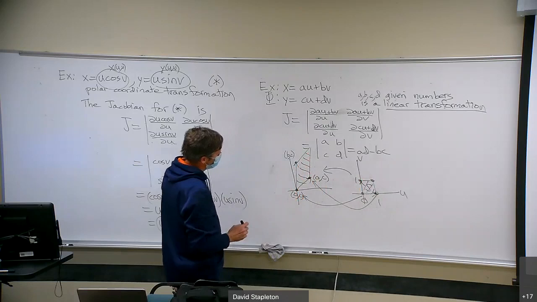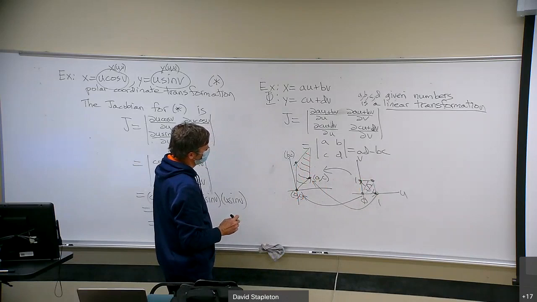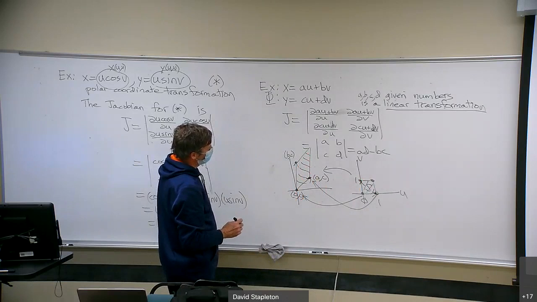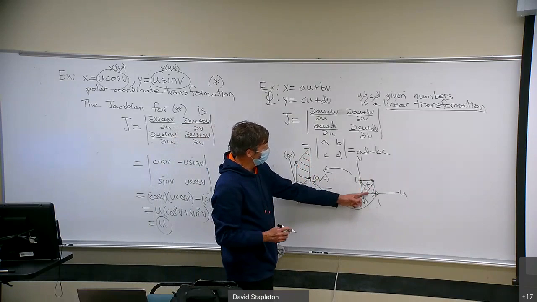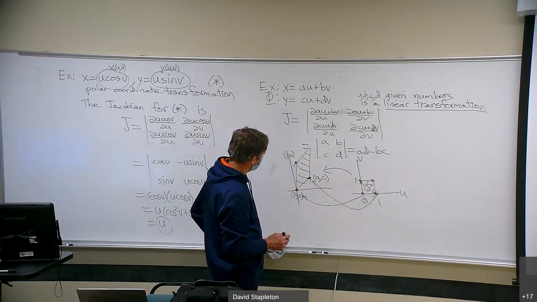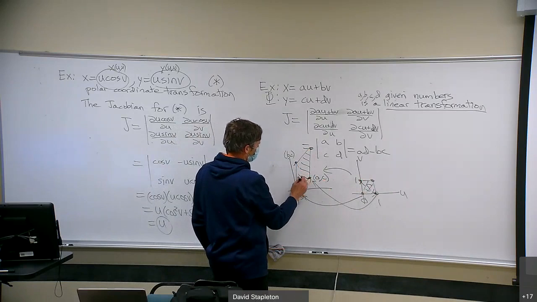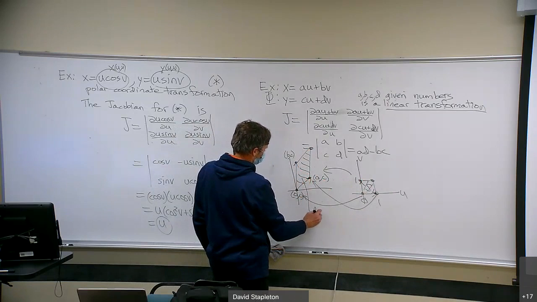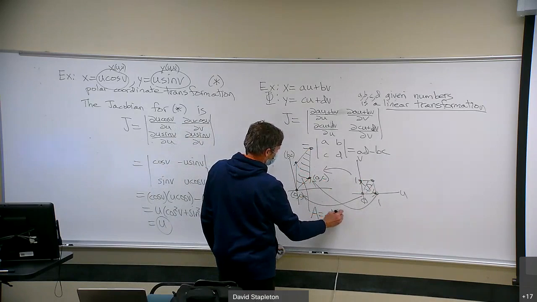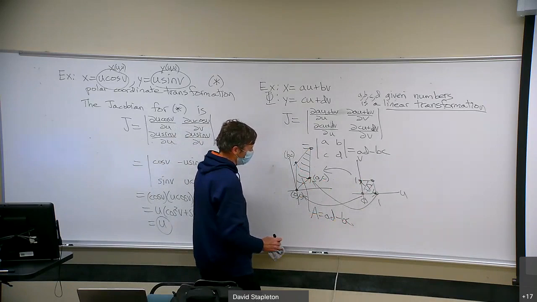I'm leaving a little bit of stuff out here. I did not want to waste time on the geometry. But any parallelogram over here, including rectangles, will map to a parallelogram over here. And then you ask, what's the area of the parallelogram? The formula is precisely AD minus BC. You can show that with the cross product, actually.